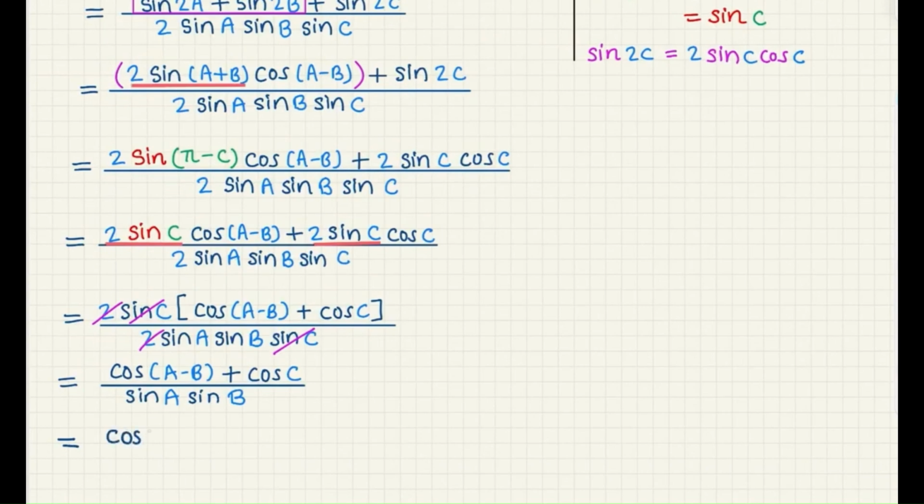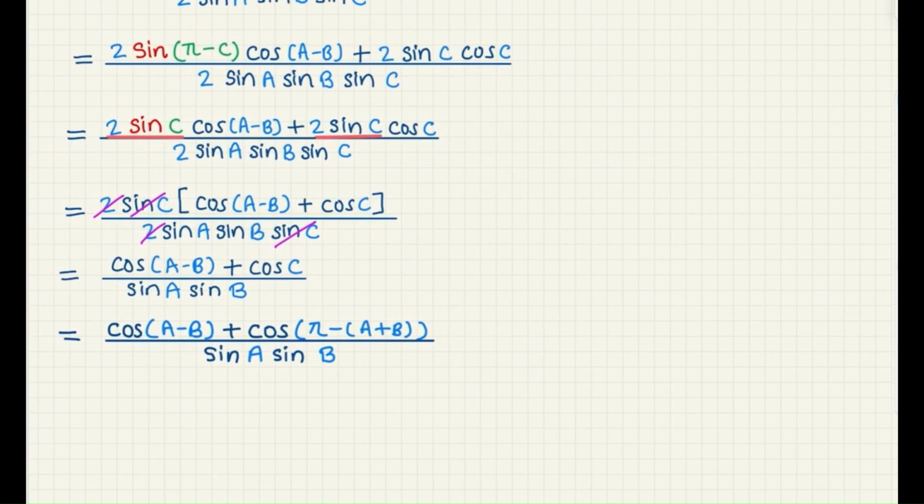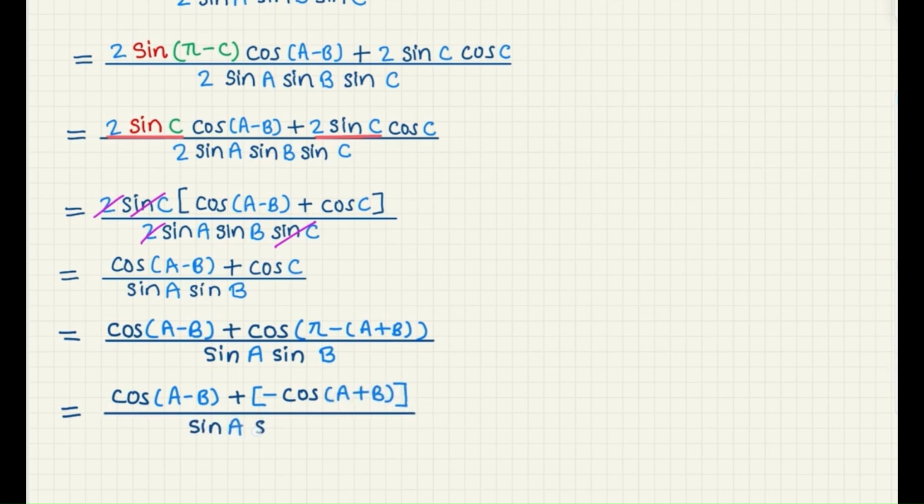We're going to write this angle C in the numerator in terms of angles A and B as pi minus (A plus B), and use the fact that cosine of pi minus (A plus B) equals minus cosine of A plus B. And now our expression reads cosine of A minus B minus cosine of A plus B divided by sin A sin B.